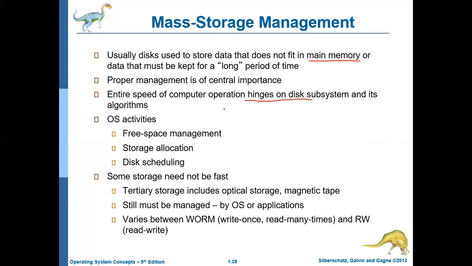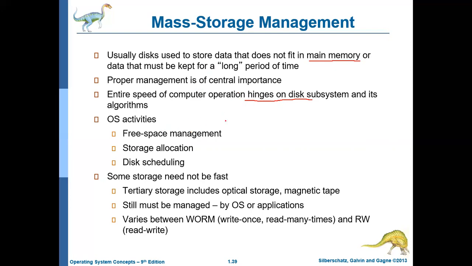If they work at a lesser speed, then in turn it will affect the system performance. You may have a very high speed processor, but if the disk you are using is very slow, then the processor has to wait for every IO operation. Then the overall speed of the computer will be very slow.